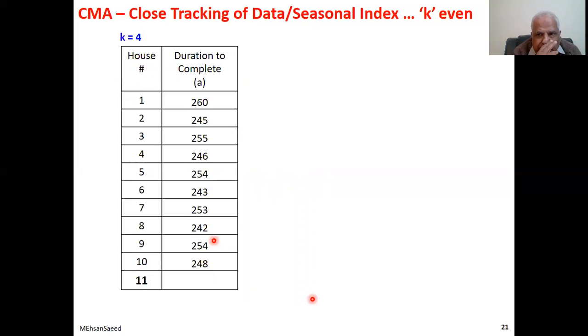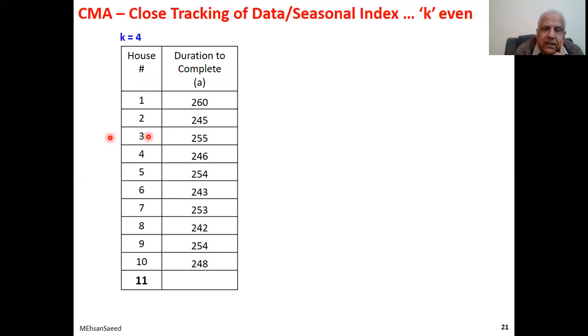What happens if k is equal to 4? If k is even, like k is equal to 4, we again take these 4 data points, but the point is where to place the data. In front of 2? No, because that is not the statistical middle. Against house number 3?